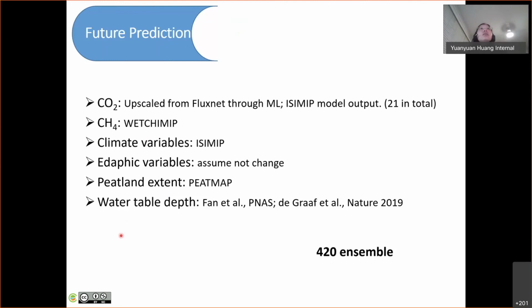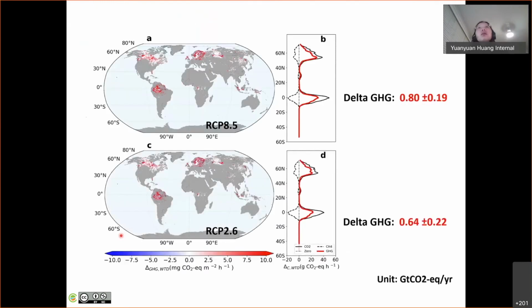And here I show the spatial and latitudinal distribution of the greenhouse gas response to future water table drawdown under RCP 8.5 and RCP 2.6.